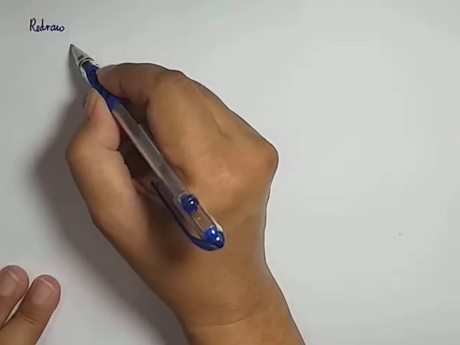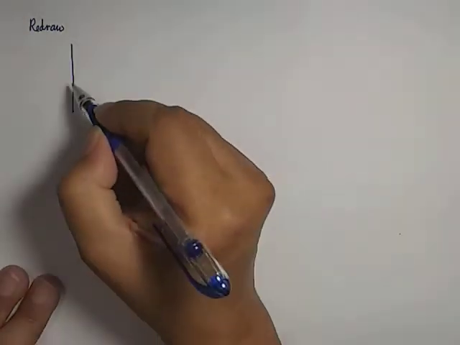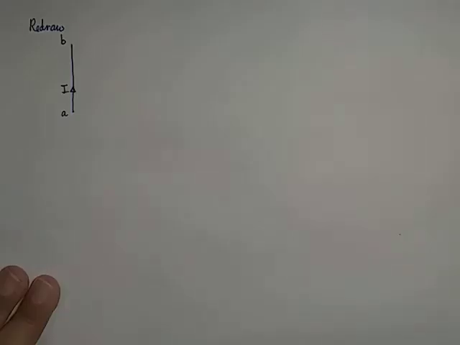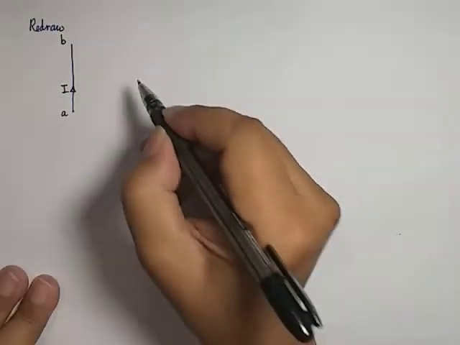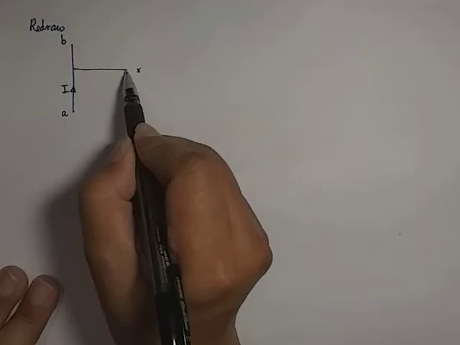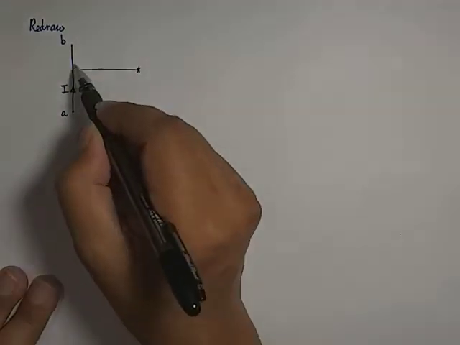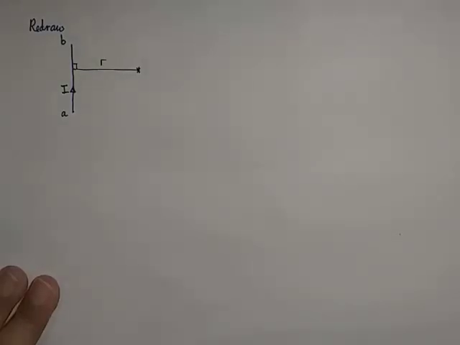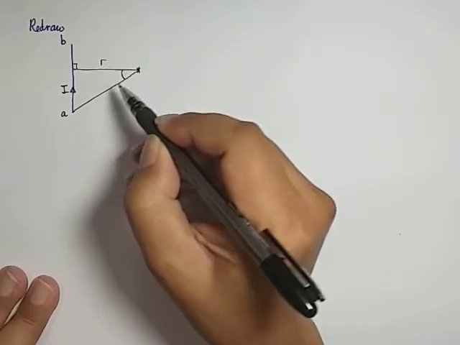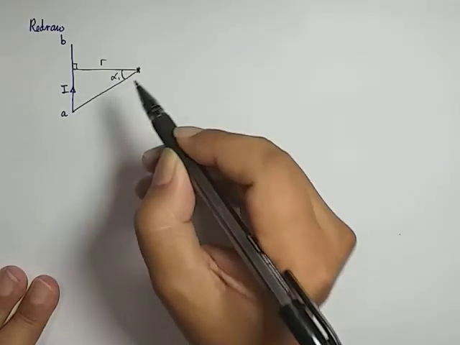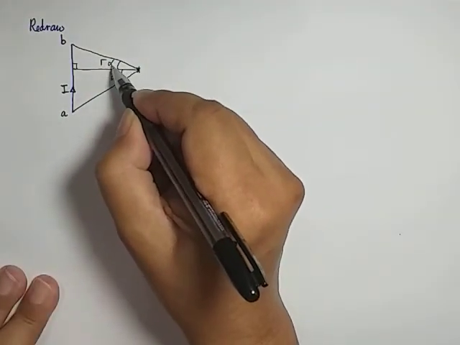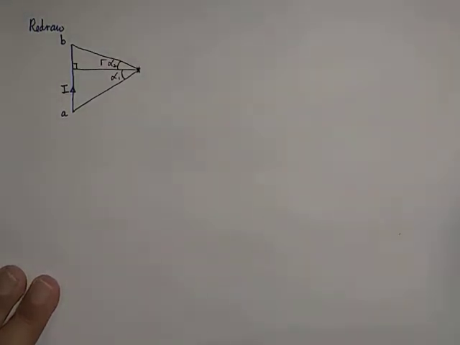So I'm going to say now this is my line current flowing upward, I from A to B. Then I represent my H location to be here, and the distance from the source to the H location at 90 degrees is given as R. Then I'm going to represent the angle, and where the current starts, I'm going to define this angle, as what we have done in electrostatics, as alpha 1, and where the current is ending, we're going to represent the upper angle as alpha 2. Exactly the same as what we have done before, nothing new. So everything is the same.